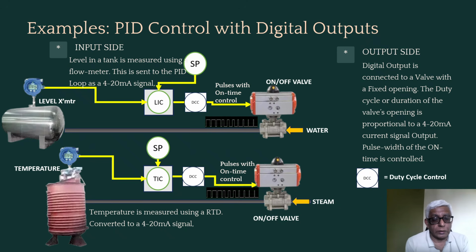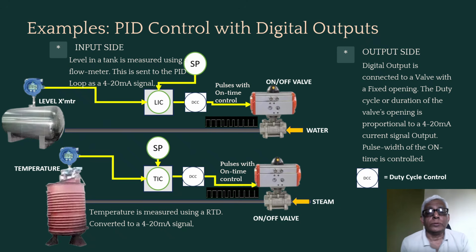And we are controlling the level by controlling the duration for which the valve remains open or closed. It is possible to control the level like this. In the lower diagram, you will see temperature control being done with duty cycle control. There is the steam valve, but there is no control valve. It is an on-off valve.